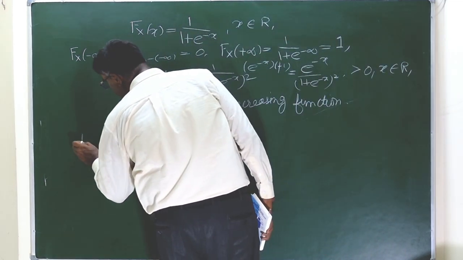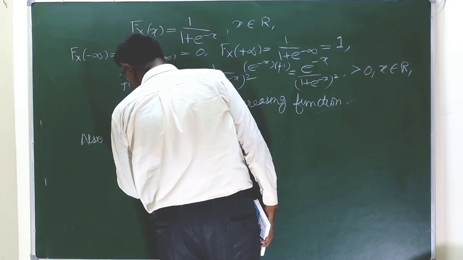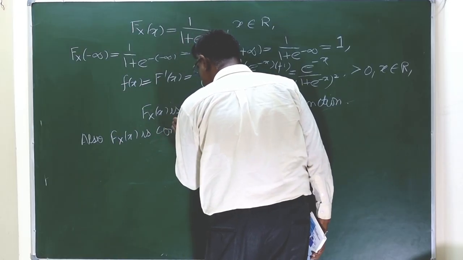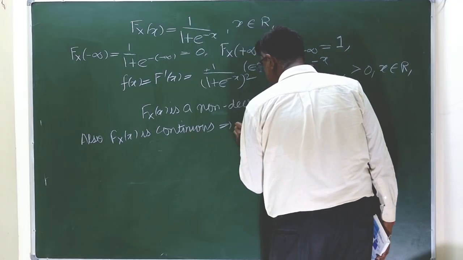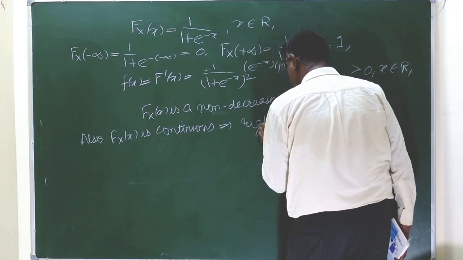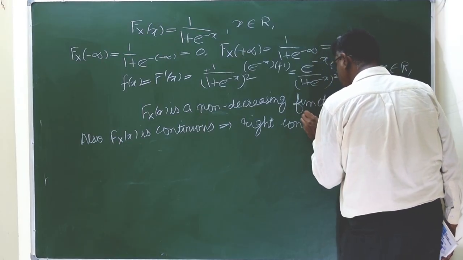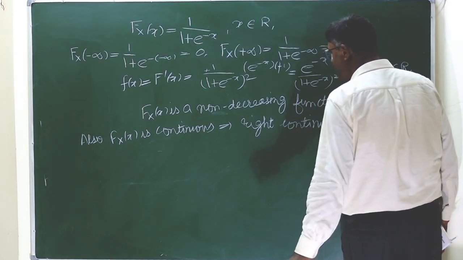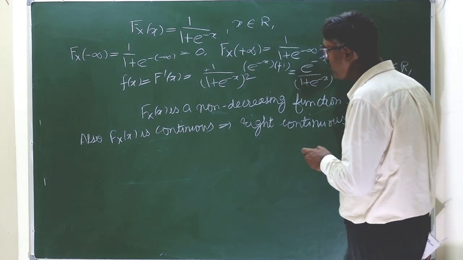Also, F(x) is continuous. So it is also right continuous, because it is an algebraic function of x.